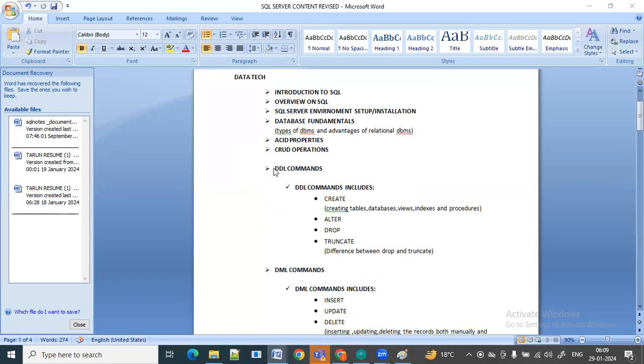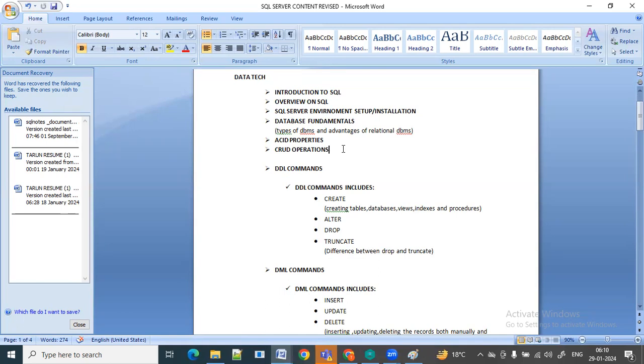Now, DDL commands. See, from here, SQL starts. From DDL commands, pure SQL starts. Before all that, it is an introduction, the importance of the database, and database fundamentals are very important. Why have I mentioned it as a separate concept? In data modeling, you will be experiencing all these database fundamentals.